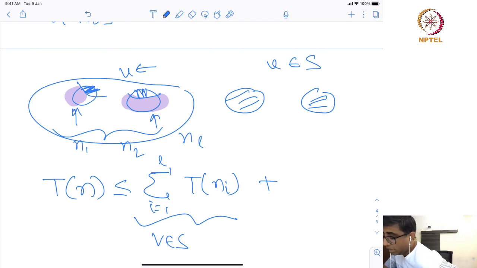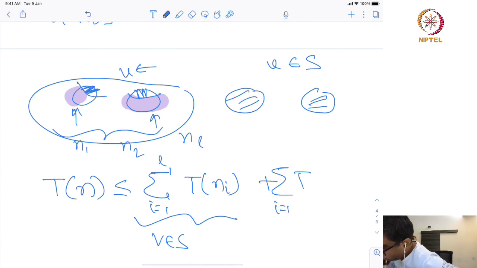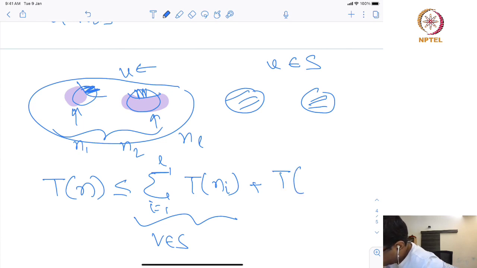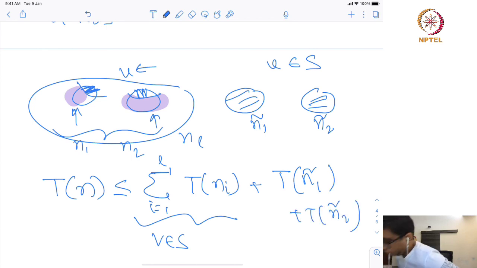When V does not belong to the solution, you have two components, so let's write them explicitly: T of n1 tilde plus T of n2 tilde. So this is what the recurrence is.